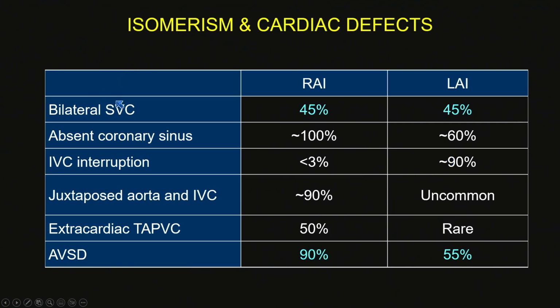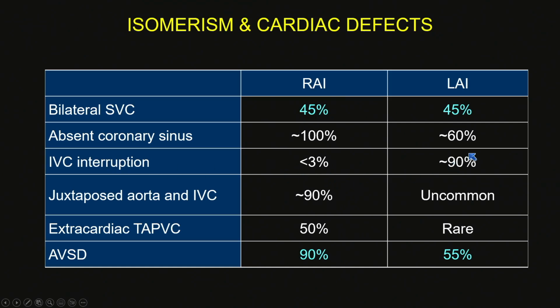So there are differences between right and left isomerism. Bilateral SVC is very common in both. You will not be able to use that diagnostically. Also, the SVC usually drains just into the atrium. There's no coronary sinus. So you see just drainage to an atrium without a coronary sinus, typically in right isomerism.